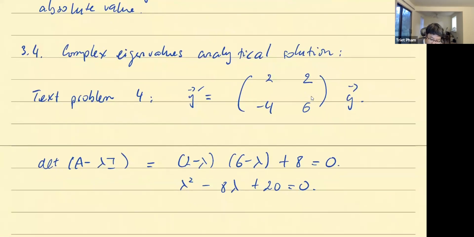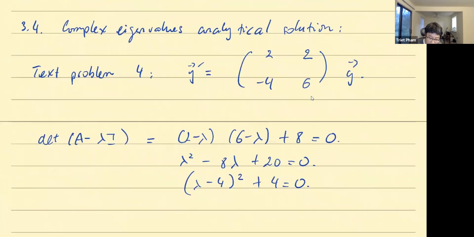So that's lambda minus 4 squared, minus 4 squared gives you 16, so that's plus 4 equal to 0. So lambda is 2 plus minus 2i. Are we okay on this?